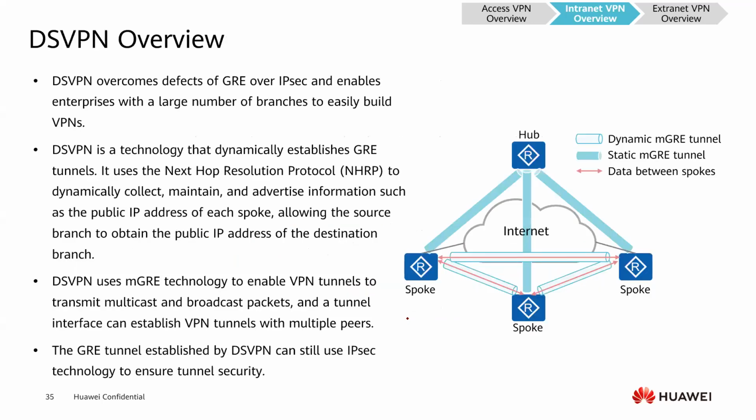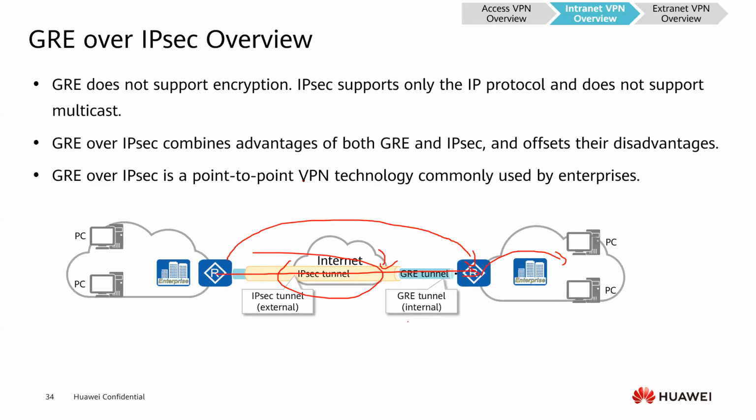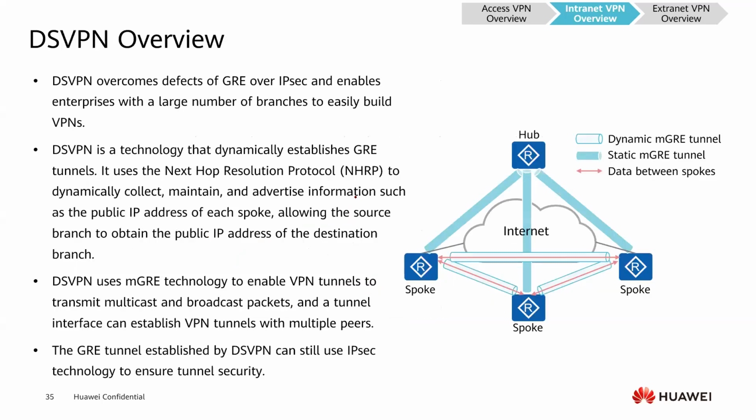But GRE over IPsec does have a little bit of a shortage. GRE is a point-to-point technology, and the IPsec configuration will be a little bit complicated. So there's another technology called DSVPN. DSVPN is a point-to-multipoint technology, but we will not talk too much about the details of DSVPN.